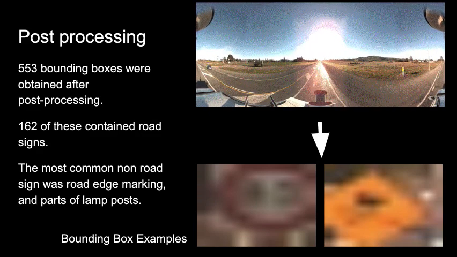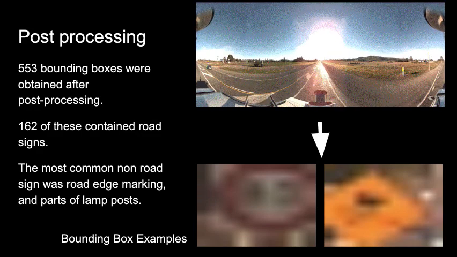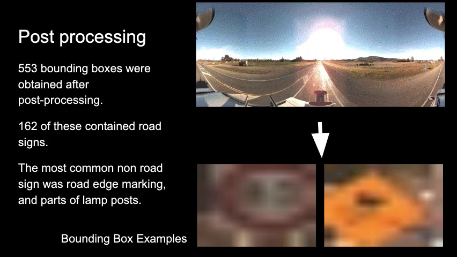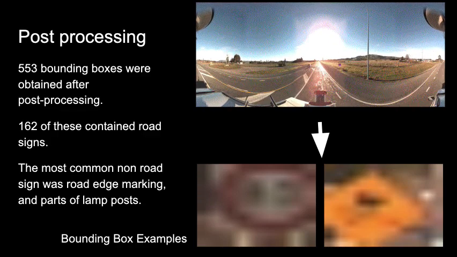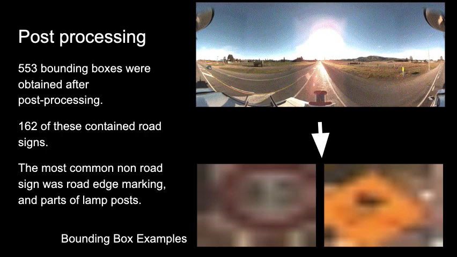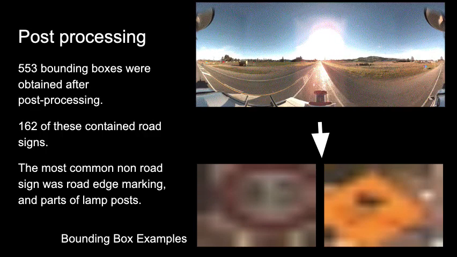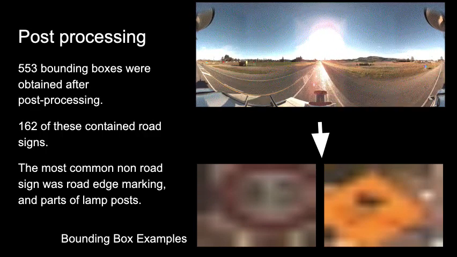Of these, only 162 actually contained road signs that belonged in the specific classes. After investigating the cause, we found that the majority of predicted boundary boxes contained the edge markings, with some including parts of lampposts as well. We believe this is due to the size of the region proposals and their configuration starting dimensions being too small.